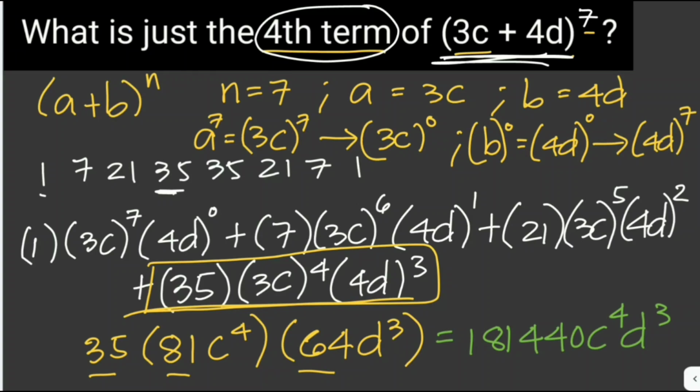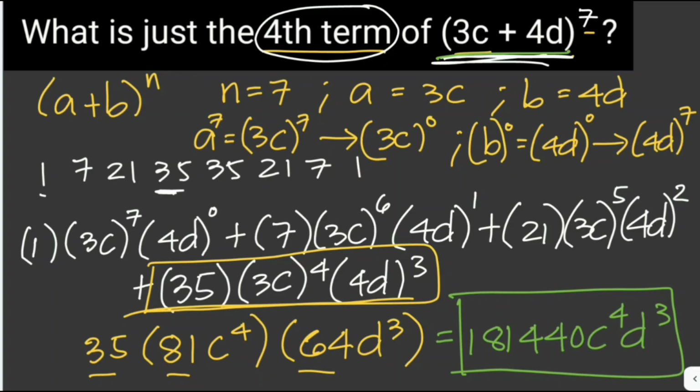Alright, so the fourth term of the binomial expression 3c plus 4d raised to the power of 7 is equivalent to 181,440c to the fourth d cubed.